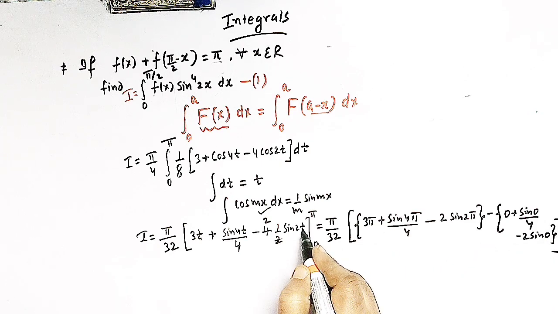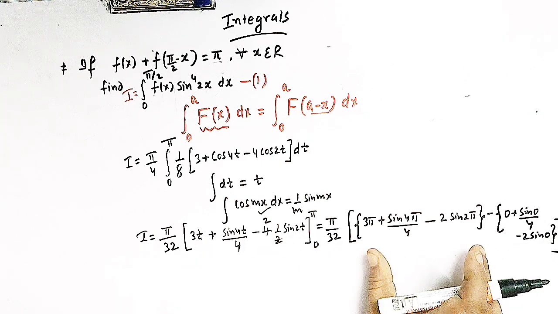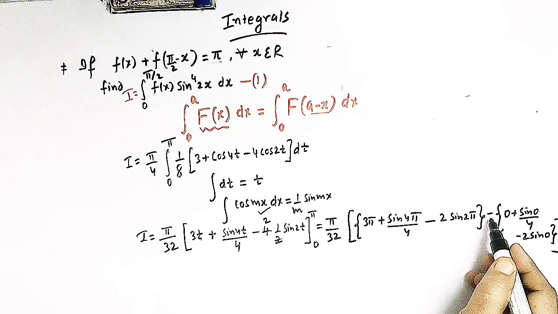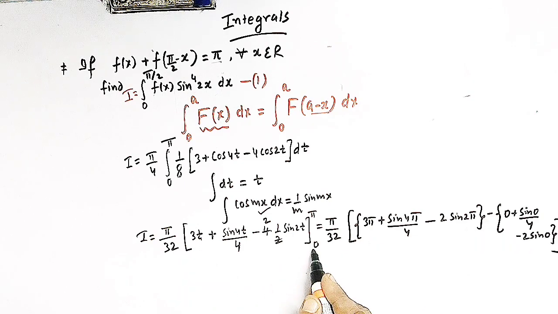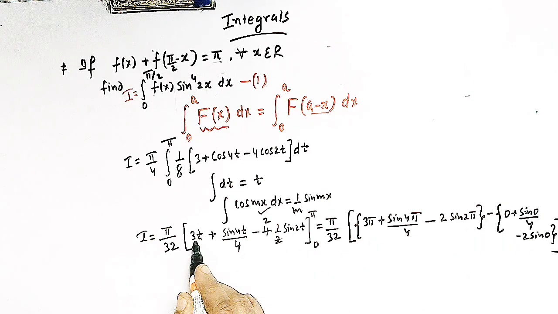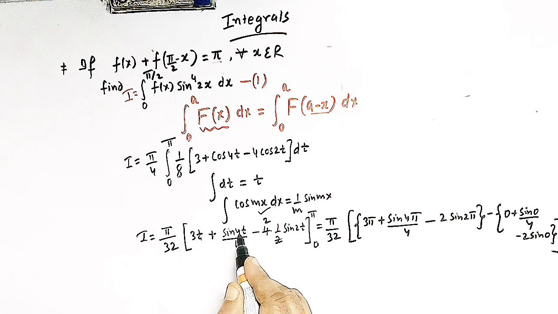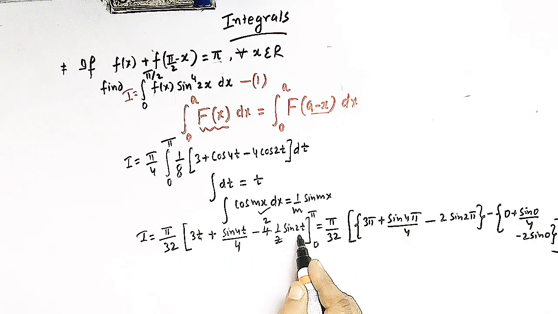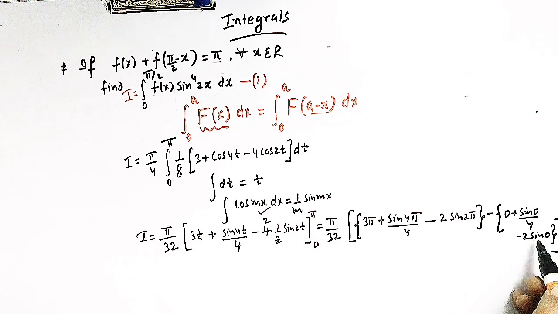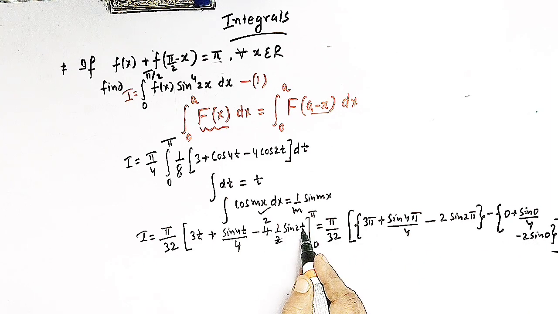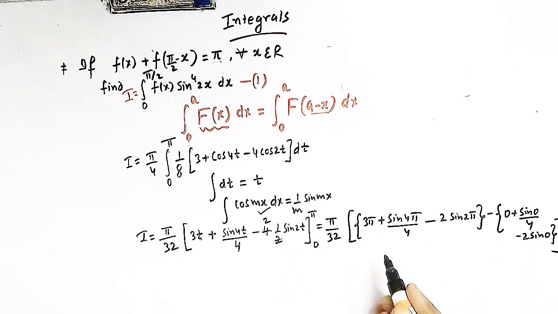Because when we take t is equal to pi, we have this expression, then here we have a negative sign, and then we'll take t is equal to 0. This term is 0, this is sin 4 times 0, sin 0 over 4, and here we have minus 2 sin 2 times 0, which is sin 0, right?